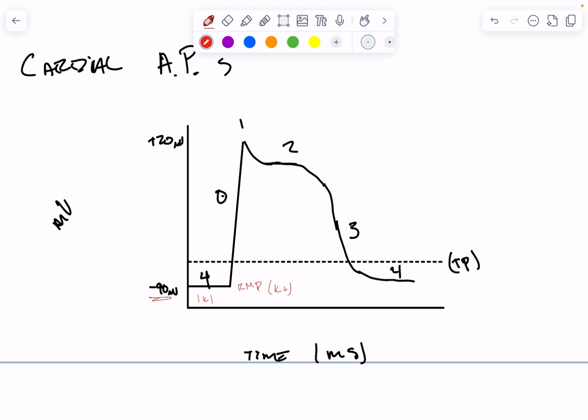Next, in phase 0, we have the depolarization phase. Let's write this down. I'll just put it as DP for depolarization.